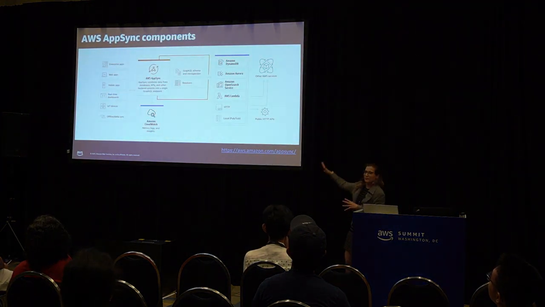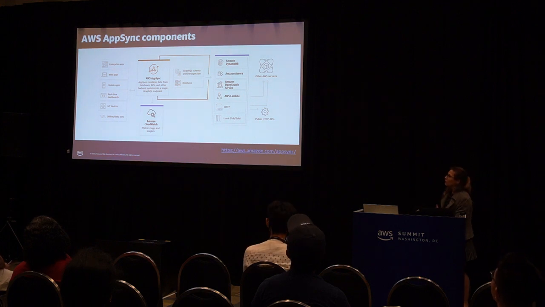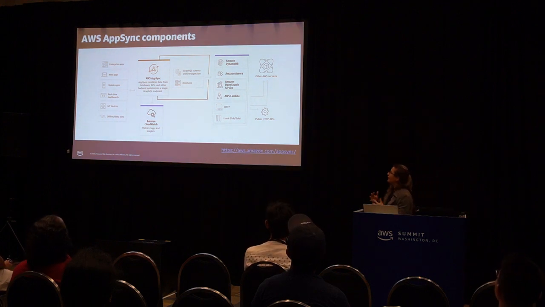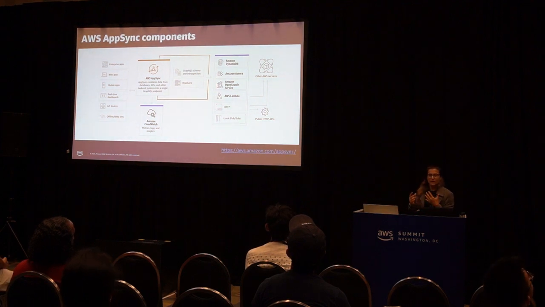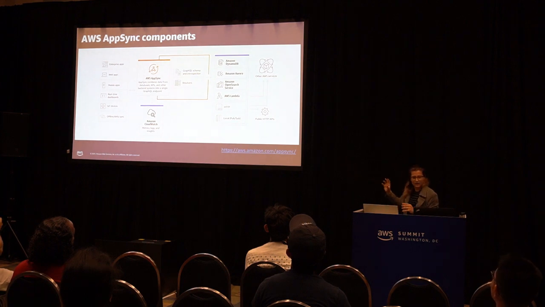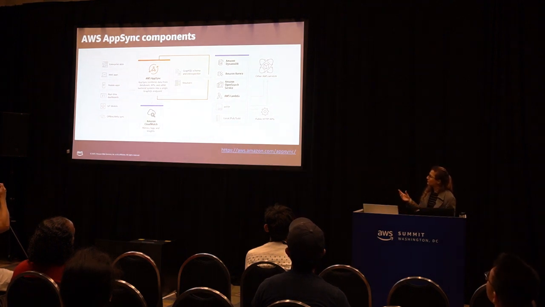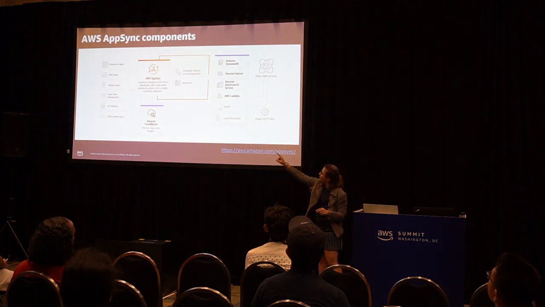This diagram is stolen from Amazon because I'm not going to make my own. For the GraphQL API, we're going to talk about the components within AppSync. There are some core components. That is the API, which is the central part of AppSync.